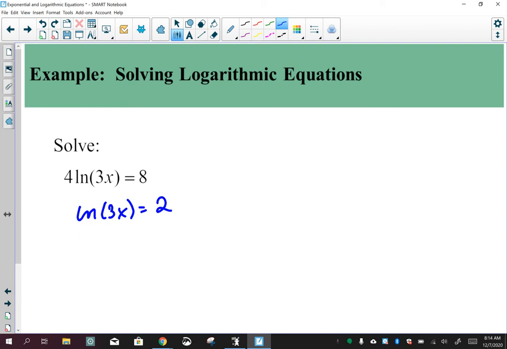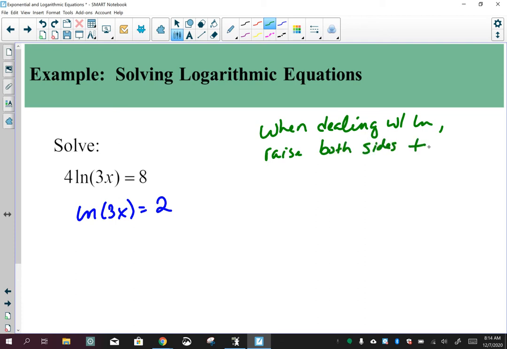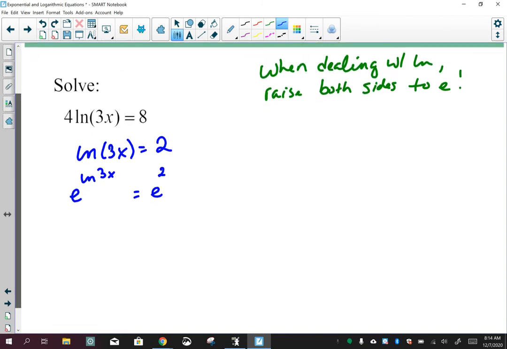When you're dealing with natural logs, so make a note: when dealing with the natural log, you're going to raise both sides to E. Oops, to E. So what that means is E to the natural log of 3x is equal to E squared.